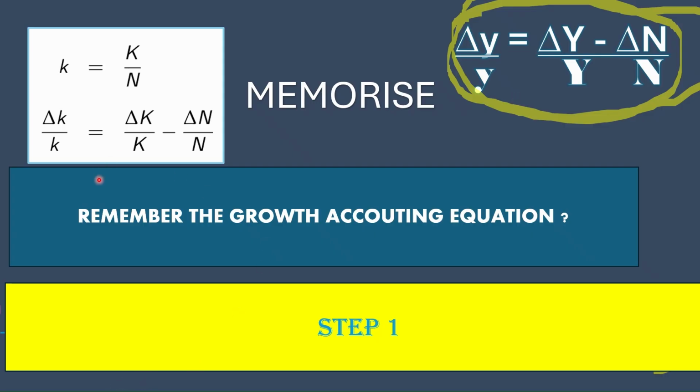So the first question is, do you remember the growth accounting equation? If you don't know what the growth accounting equation is, please go and learn how to derive that equation, as it may come out in test 1 and will most likely definitely be in your exam as probably an MCQ question.